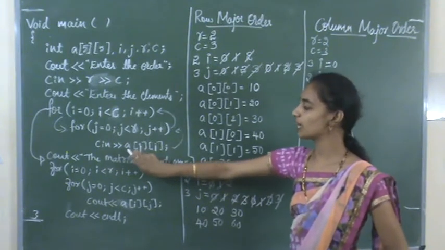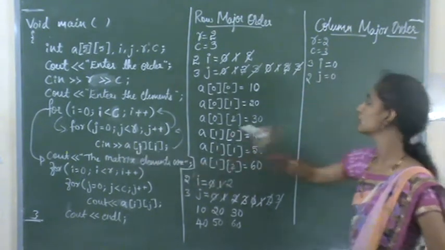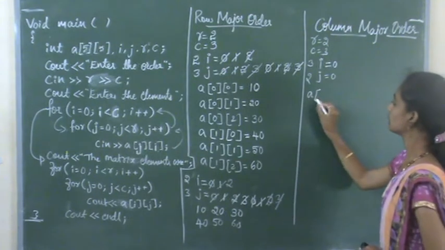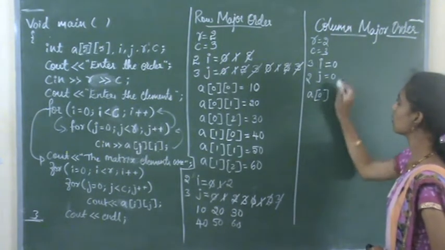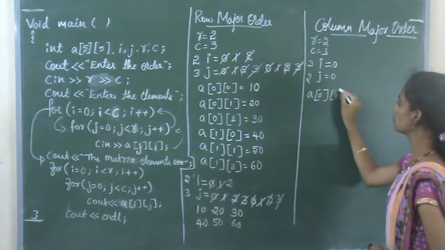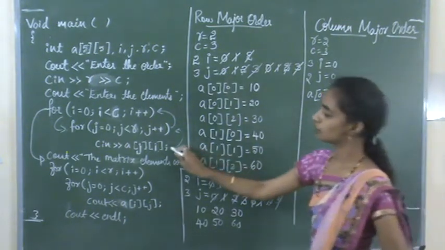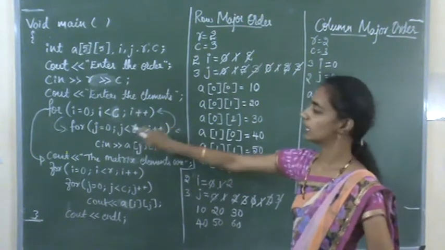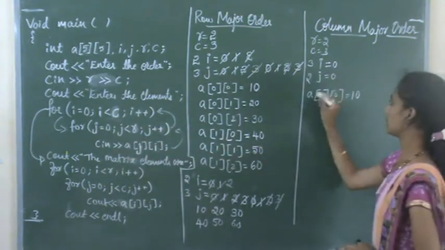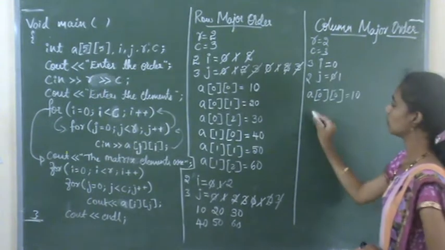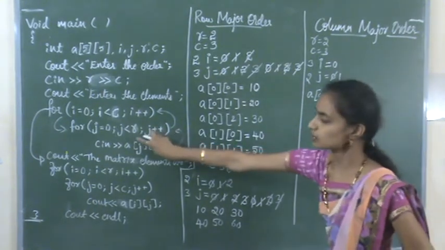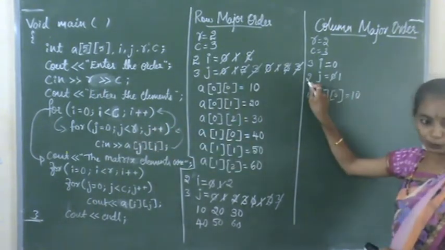So in that for loop we have A of J I. So what is A? J value is 0, I value is 0. So I enter some value here. Okay. So again it will go back to the for loop and increment the J value. So J value becomes 1. Now check the condition, 1 less than 2, true.